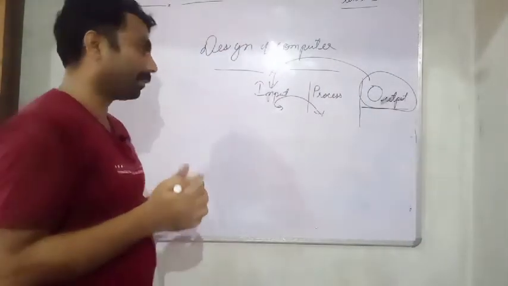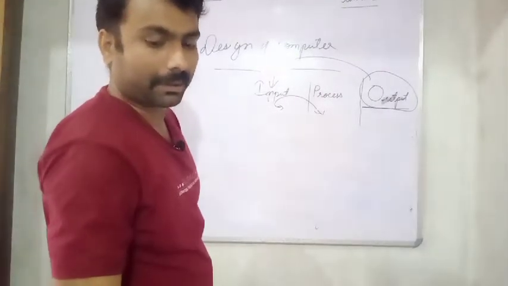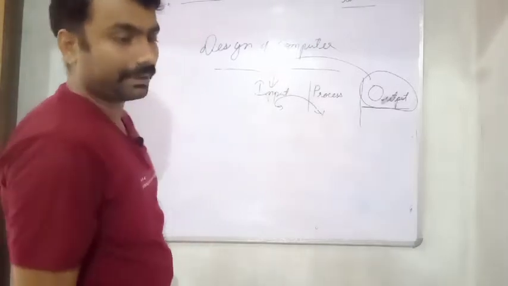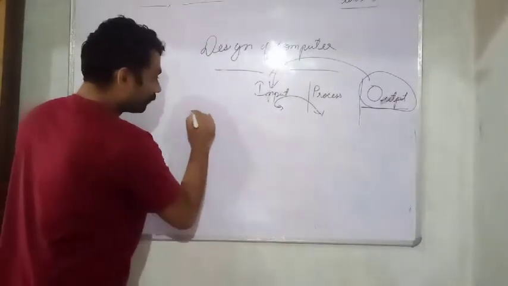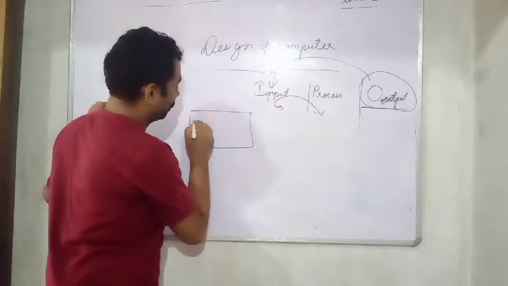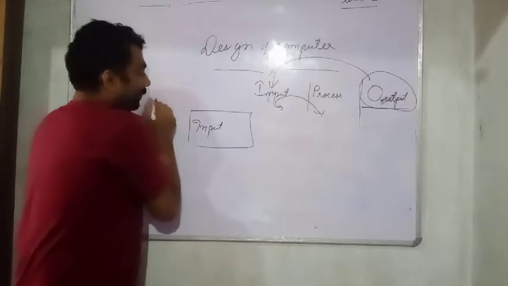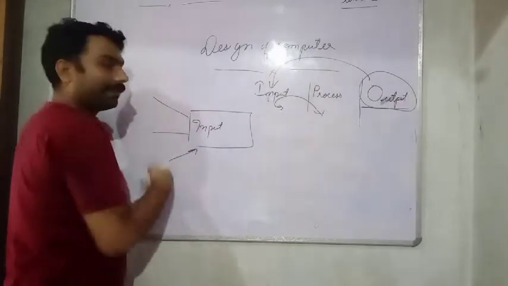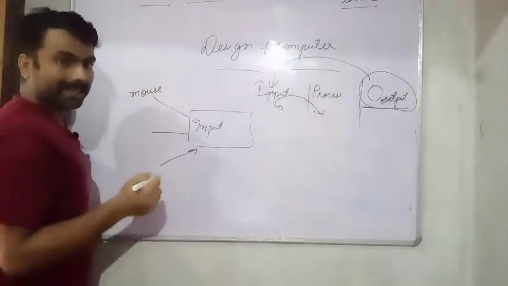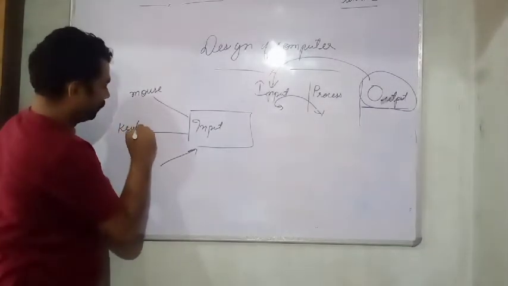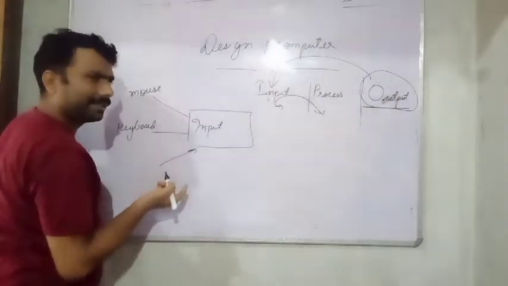Similarly in the computer also, when you see the architecture of the computer, all the hardware performing the program or task, you will see this is a block of input. It is connected with different devices. First device we will write, second device we will write, third device we will write input, anything, mic.